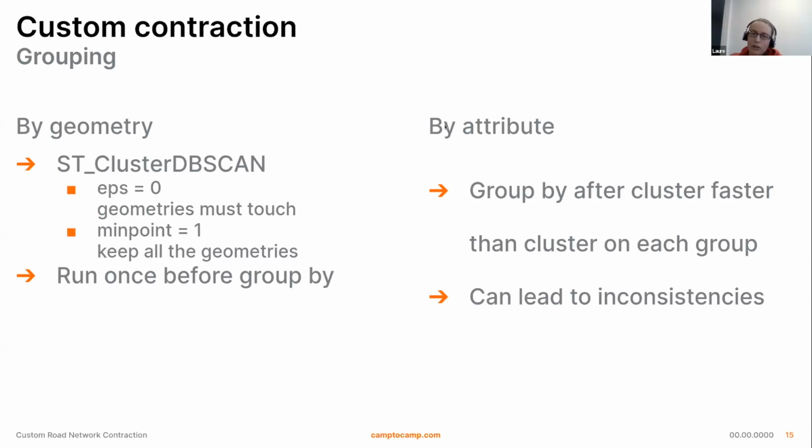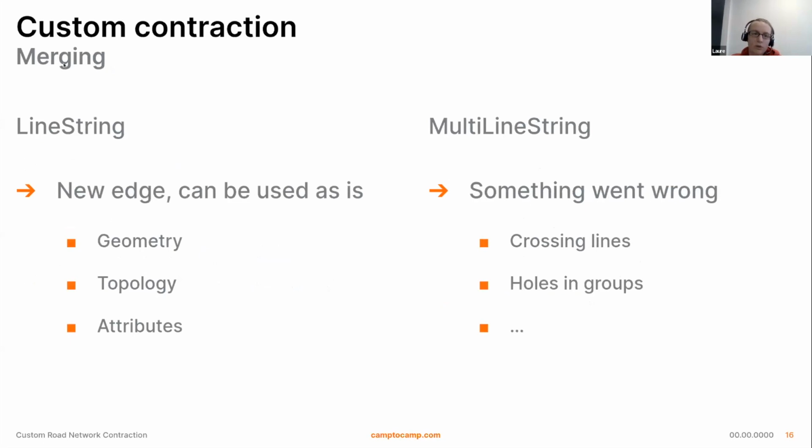So after we have grouped by geometries, we will group by attributes. And we will see that this can lead to some inconsistencies, but we have another step to deal with these inconsistencies, which is merging. It's not used just for that. We have grouped edges together and we want to transform those groups into a line string.